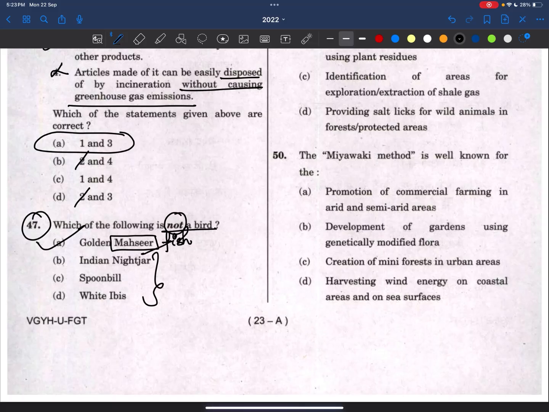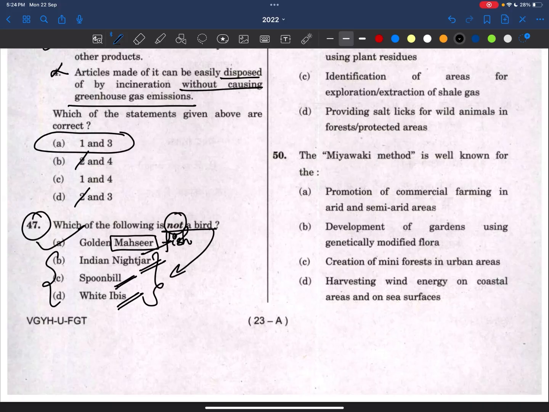Now what we have to do? We have to read about this golden mahseer, fish, and birds, Indian nightjar, their IUCN status, spoonbill, white ibis. Why am I telling this? Well, in the upcoming years, UPSC may ask a question on this, and we wonder why UPSC is asking a question on this species, because it was mentioned in the options.